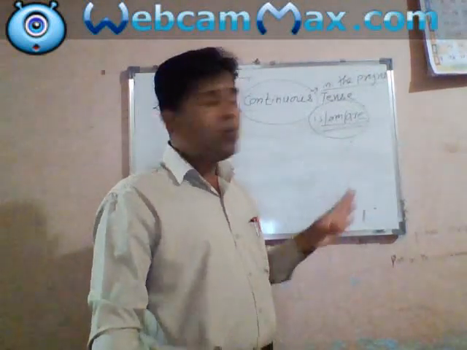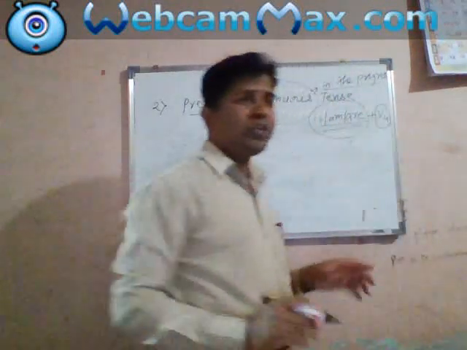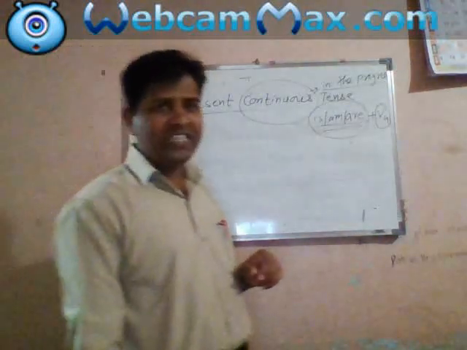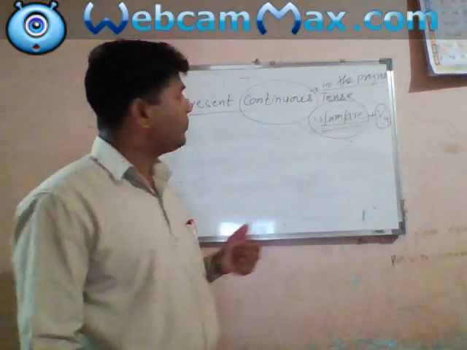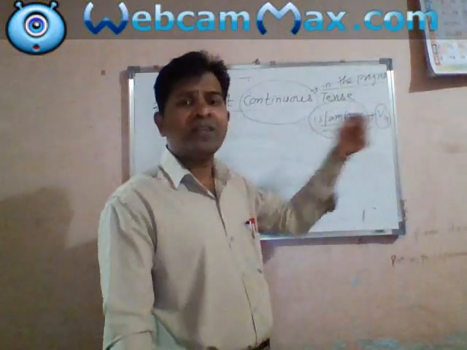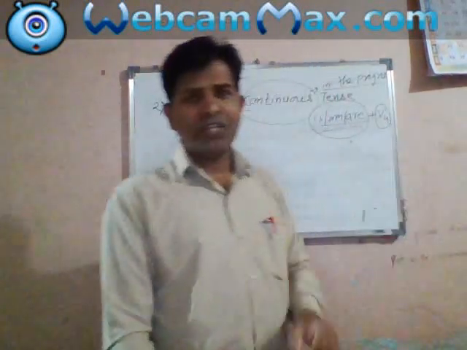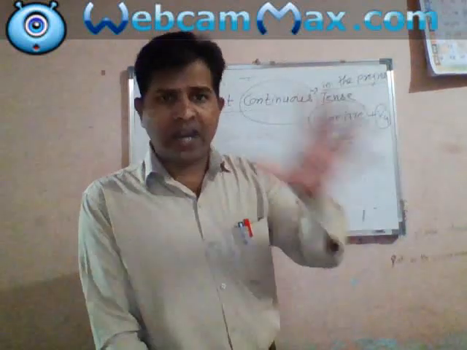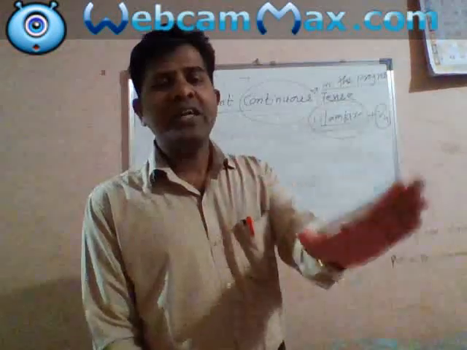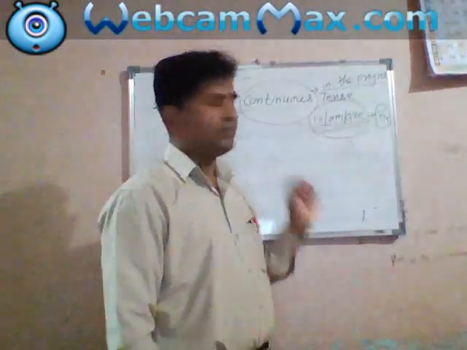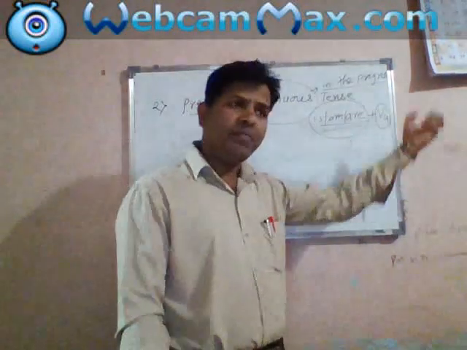Okay, now is, am, are plus V4. V4 means the ing form. Now let me say verbally. We know I am, we are, you are, he is, she is, it is, they are. So here we understand when we use is, am, are.